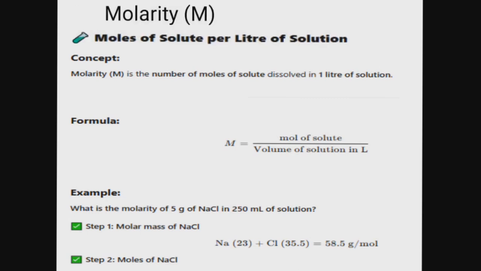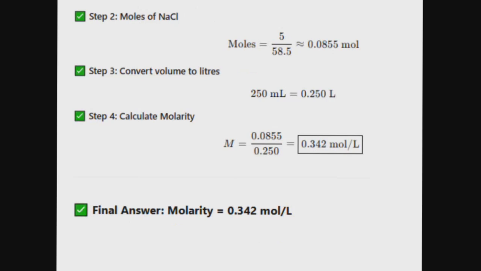To convert volume to liter, 250 milliliter equals 0.250 liter. Then you calculate the molarity. Molarity equals 0.0855 all over 0.250.